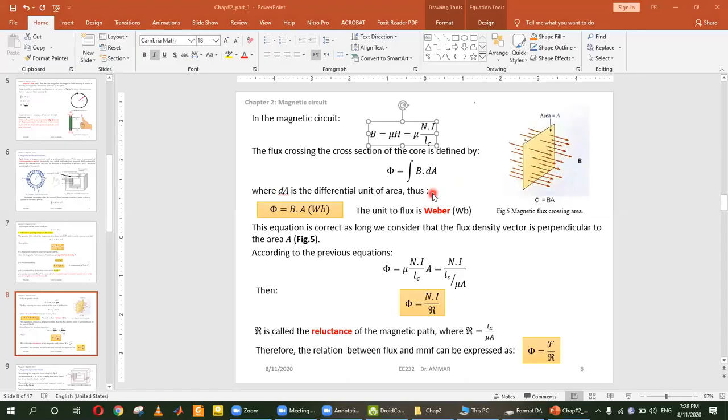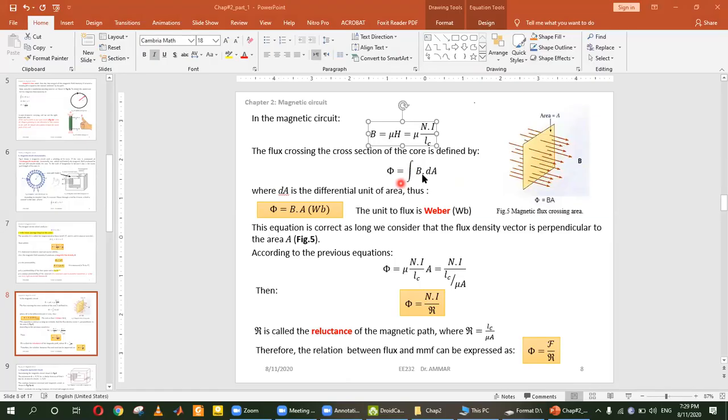Similar case to what we had in the electric field. In the magnetic field it's the same. We have a flux whenever we have a surface. When the magnetic field lines, as you see here in this figure, cross an area, we have a flux.